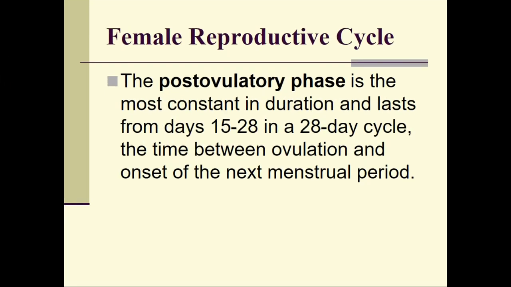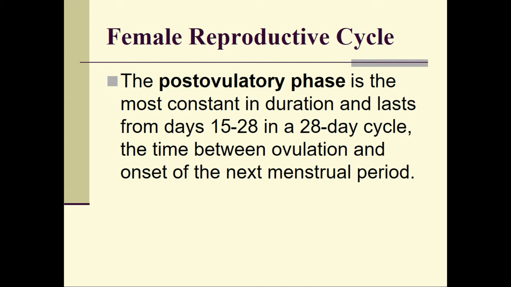All right, everyone. Welcome to the 4th video in the series. This is the 2nd lecture concerning the female. We're going to pick up where we left off on video 3, ending with the post-ovulatory phase in the female and her reproductive cycle.